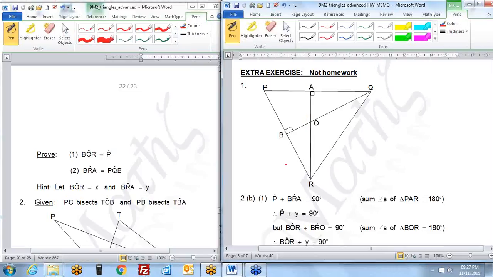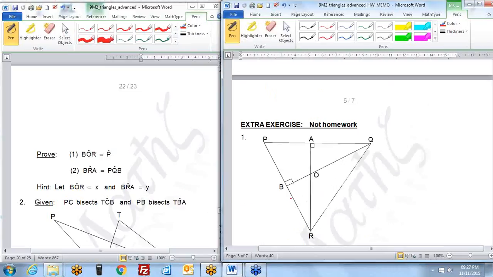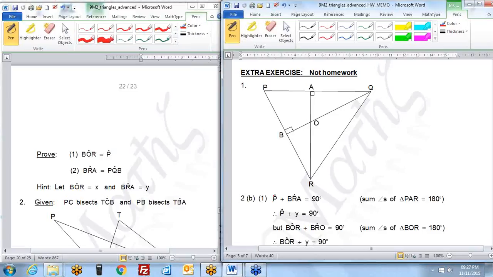So in question 1 there, you will say angle P plus angle BRA, so this angle plus angle BRA equals 90, because the sum of triangle PAR equals 180 degrees. Right, I just want to highlight this quickly.